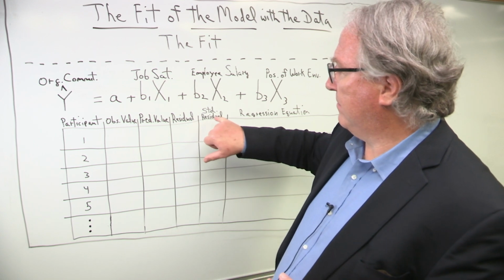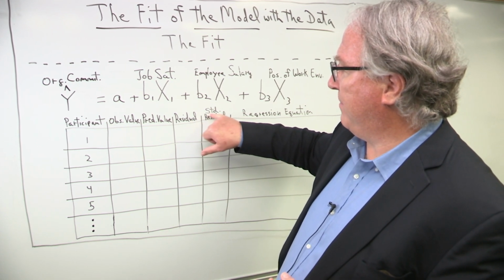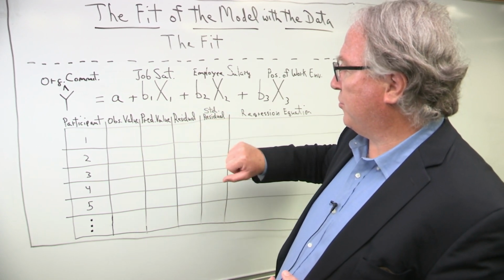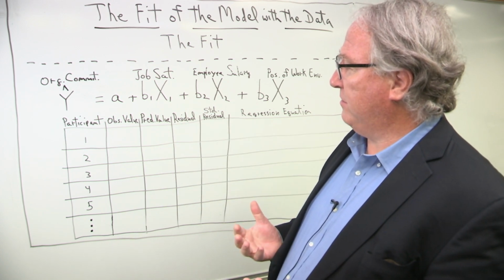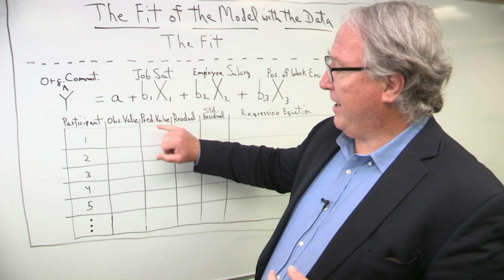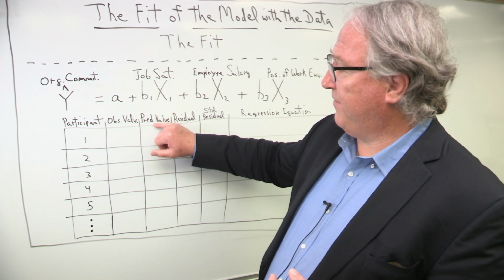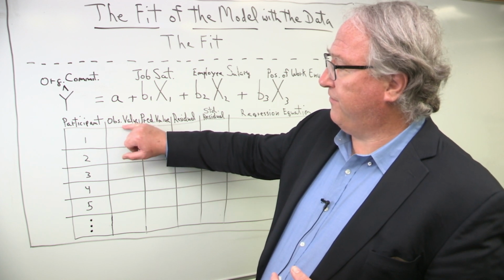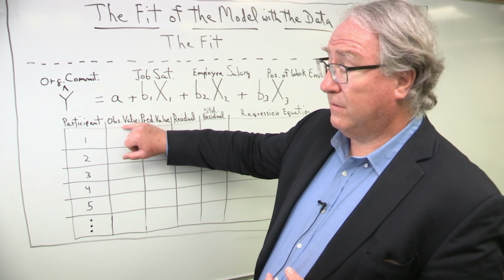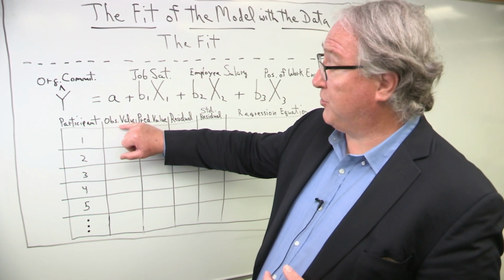So we're going to give a good amount of attention here to what we mean by standardized residuals. The residual, or the error in prediction, is how far off the predicted value from the model is from the actual observed value for each participant on the outcome variable measure.